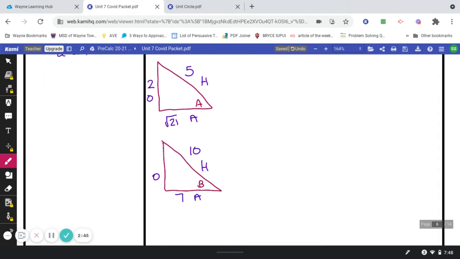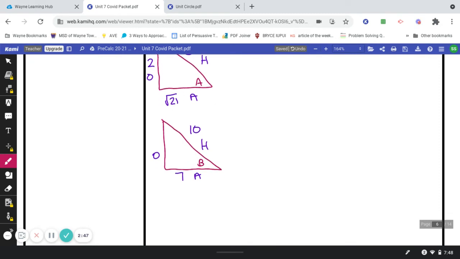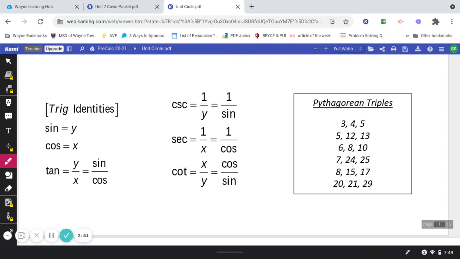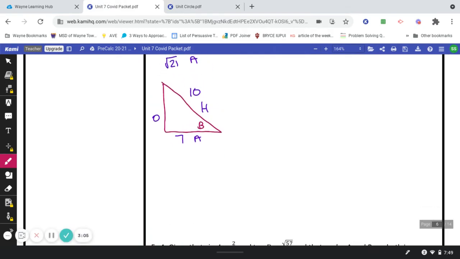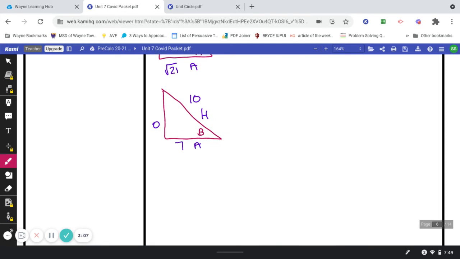All right, let's do the same thing for this bottom one here. 7 and 10 are both whole numbers, so I'm going to quickly check my Pythagorean triples list. I don't see any that have a 7 and a 10, at least not in the same triple. I see a 7 and a 10, but those are different triples, so I'm not going to be able to use the list for that either. I'll have to do the Pythagorean theorem again. So I'll come down here and do A squared plus 7 squared equals 10 squared.